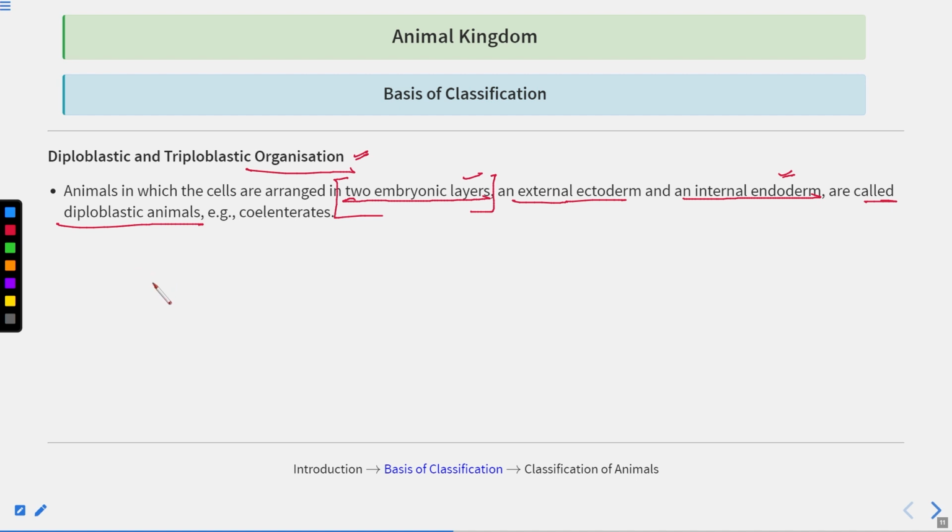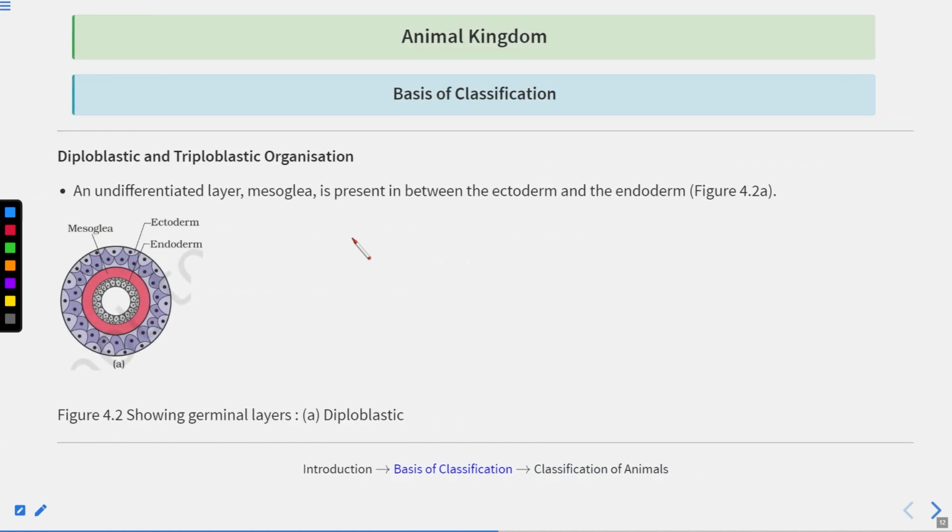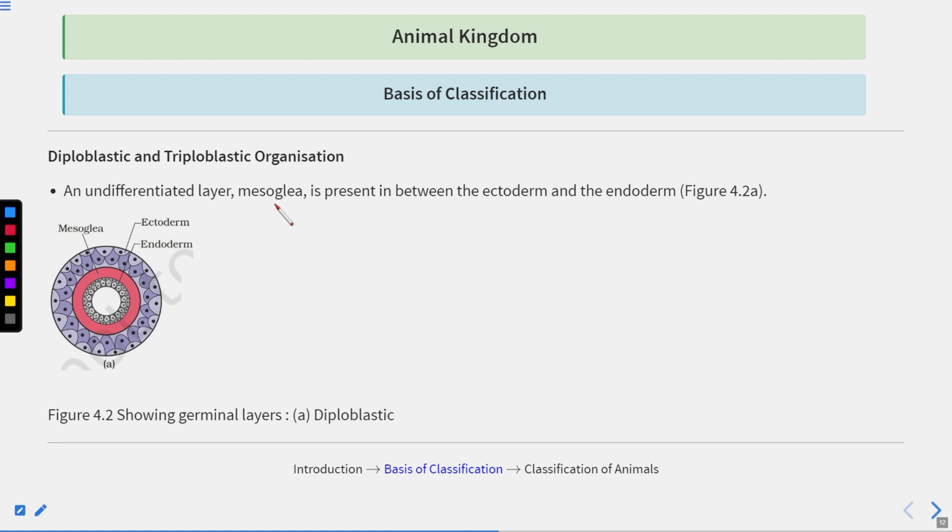Only two layers. No third layer is present, right? We can see this diploblastic type of arrangement in the case of coelenterates. In diploblastic animals, an undifferentiated layer, the mesoglea, is present between the ectoderm and endoderm.